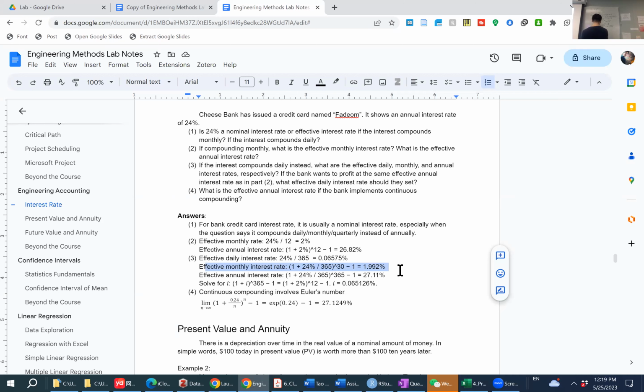We use 24% divided by n and raised to the power of n. And we need to find the limit as n goes higher and higher. So that's where the limit is useful. I need to find the limit when n goes to infinity, how this quantity changes.